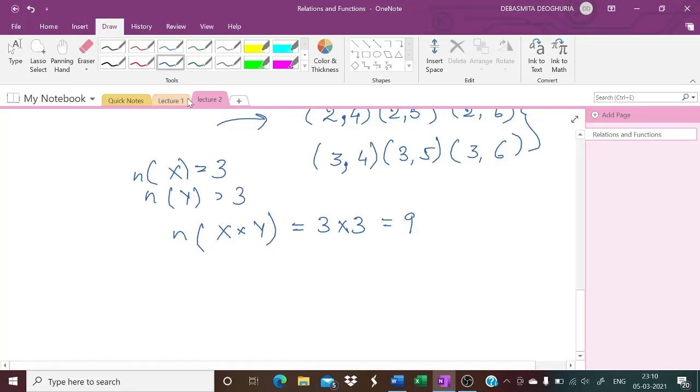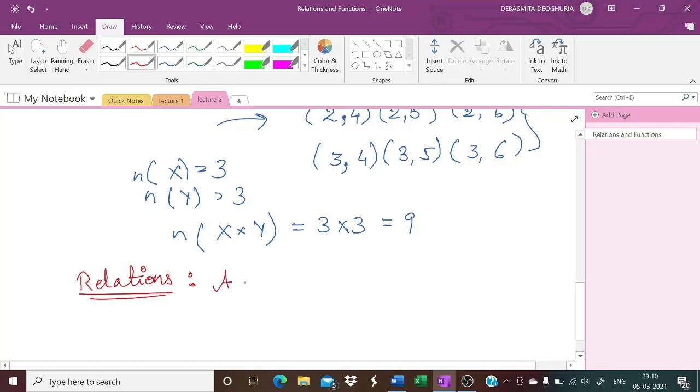So if you have understood this, then we can start with the main topic, that is relations. Okay, now what is a relation? How are we defining it? Let's see the definition first, then you will understand.